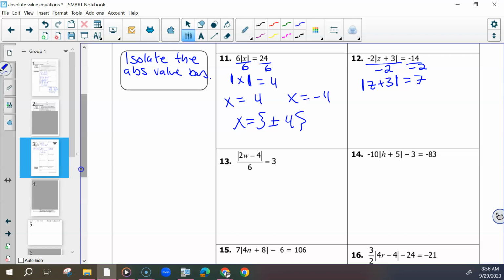And now that it's isolated, we can drop the absolute value bars, set it equal to a positive 7 and a negative 7, and then start to solve. So to solve this, we would do what?